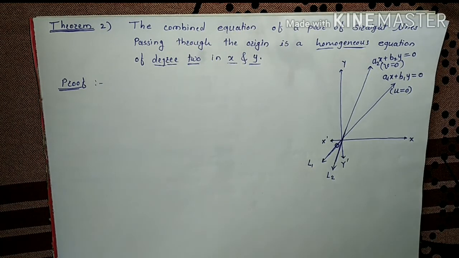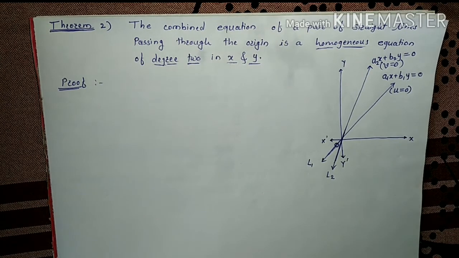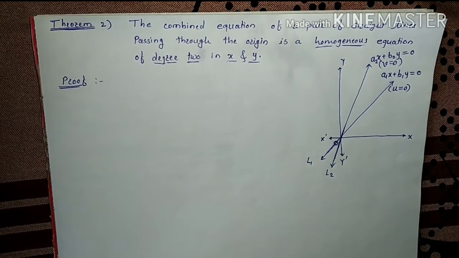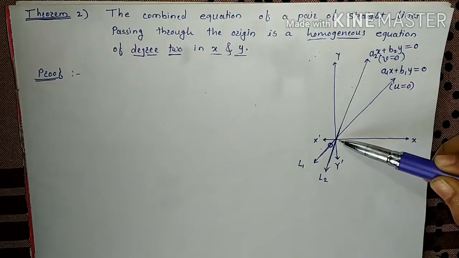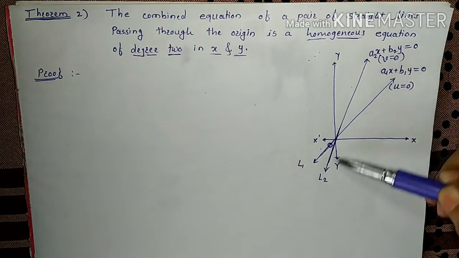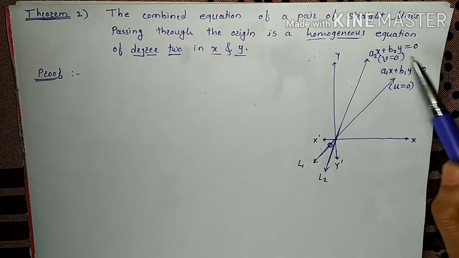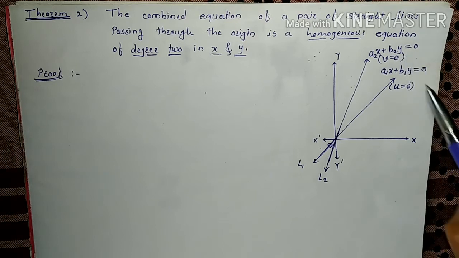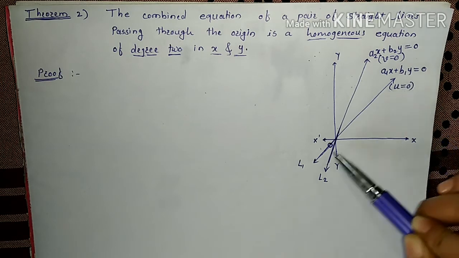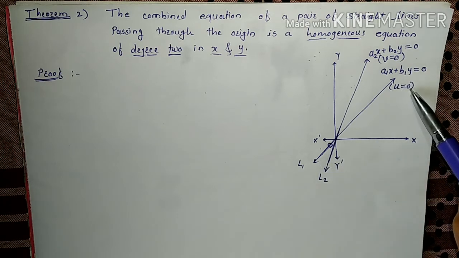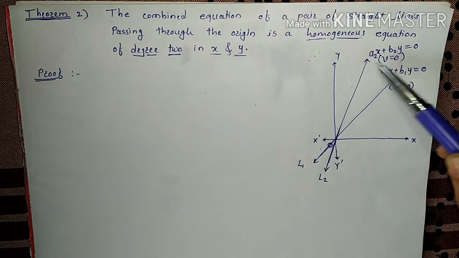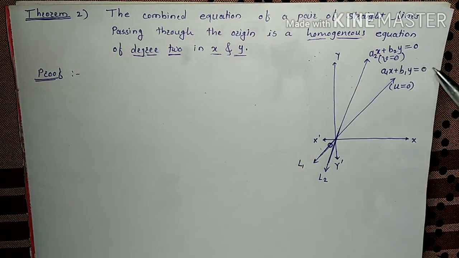To prove this theorem, let's take two equations for two lines. Here are the two lines and both lines are passing through origin. Hence in the equation of these lines the constant term is absent. You can observe this. Let's assume that line L1 is u is equal to 0 and line L2 is v is equal to 0, and we have written the equations for these two lines.